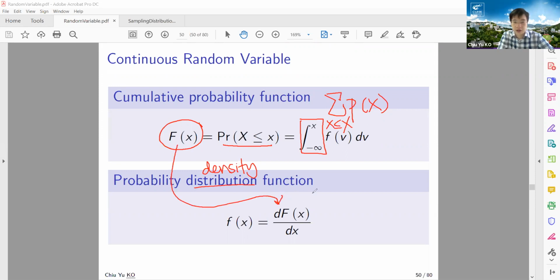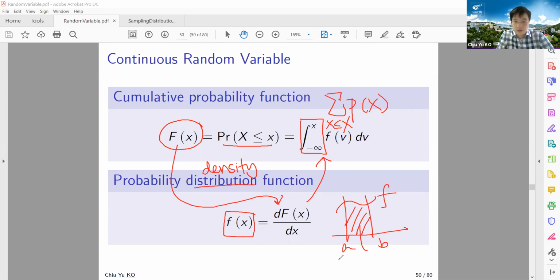Differentiation and integration are reverses of each other, by the fundamental theorem of calculus. And the thing for you to remember for the density function is that the area under this f curve between A and B will be the probability that x is between A and B. That's the only thing we need to remember.